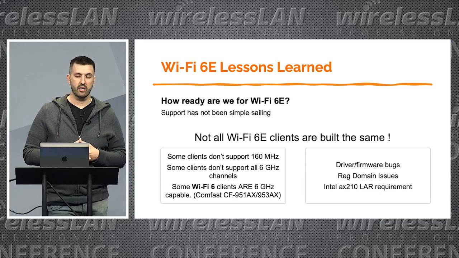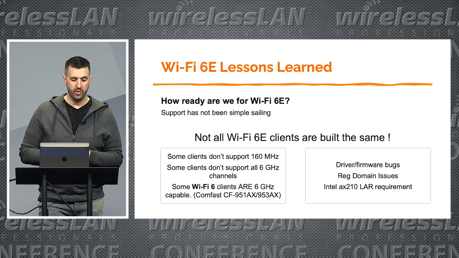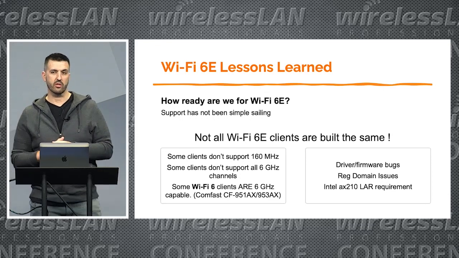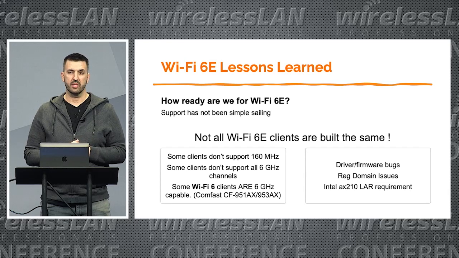So they will connect on Wi-Fi 6E, on the 6 gigahertz channels, but only do up to 80 megahertz. So some things to be aware of with some of your clients: again, profiling those clients, understanding what your least capable clients are. Some of the other things that's interesting is some of the clients don't support all of the 6 gigahertz channels. So we've been running into some of that with some of the devices.